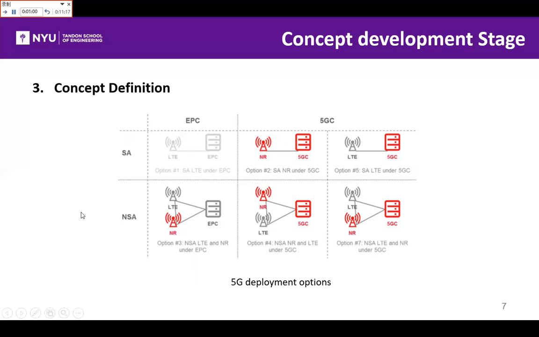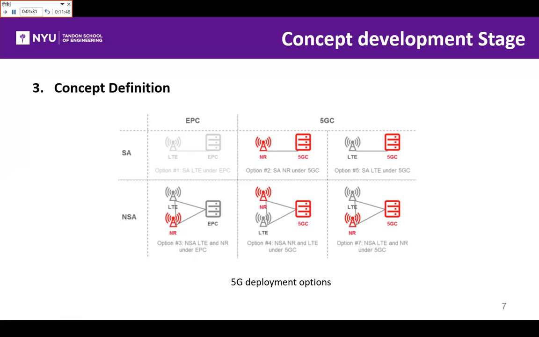But if we choose NSA as our radio access subsystem, which means the LTE and NR technologies will operate together, then the core network subsystem could be chosen from EPC or 5GC.